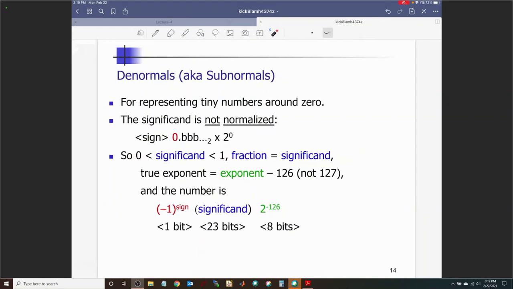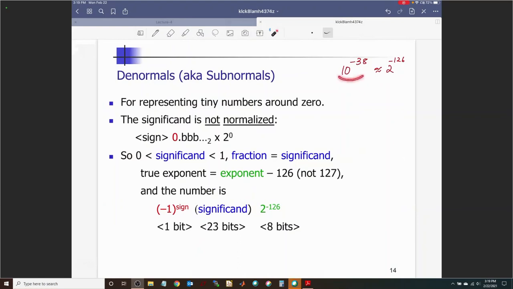We need a way to represent really tiny numbers around 0. I can go as low as 10 raised to negative 38, which is very close to 2 raised to negative 126, using the 32 bits. That's the smallest I can go.